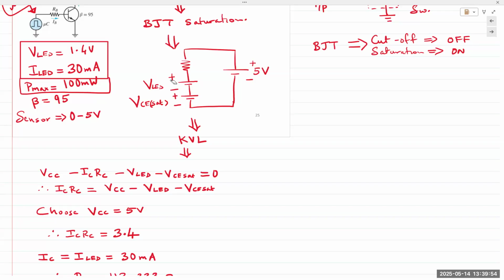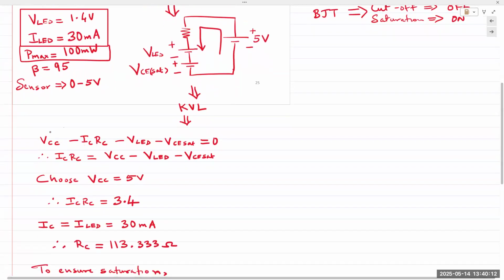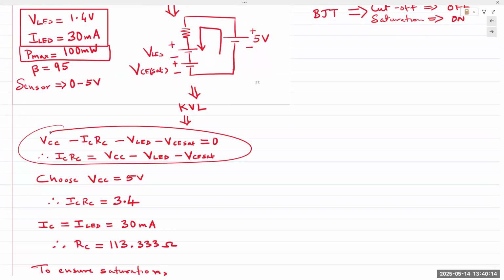Once it's on, the BJT as well as the LED cause drops of 1.4 and 0.2 volts, and you have current flowing through the circuit. In this case, if you apply KVL on the output side, you obtain VCC, minus the LED voltage VLED, minus the ICRC voltage drop, and minus VCE SAT, which should sum up to 0.